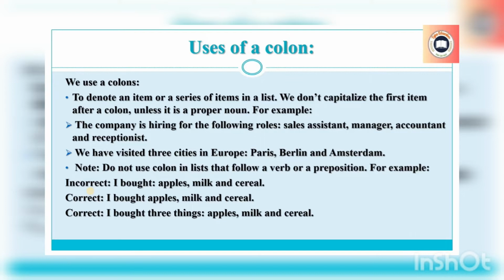Now let's take a look at another example. We have visited 3 cities in Europe: Paris, Berlin, and Amsterdam. Again, that is a list in the second part of the sentence.